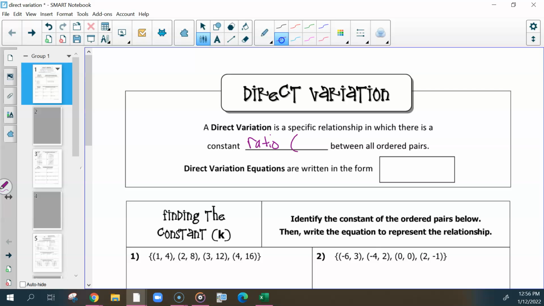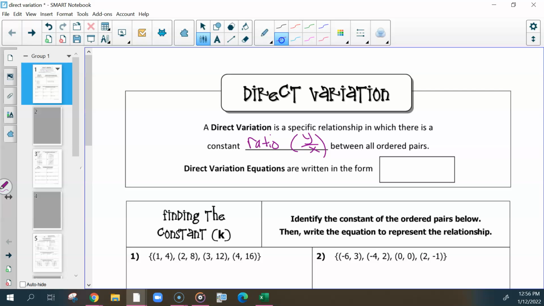And you can say this ratio is y over x between all ordered pairs. It's on the front here.